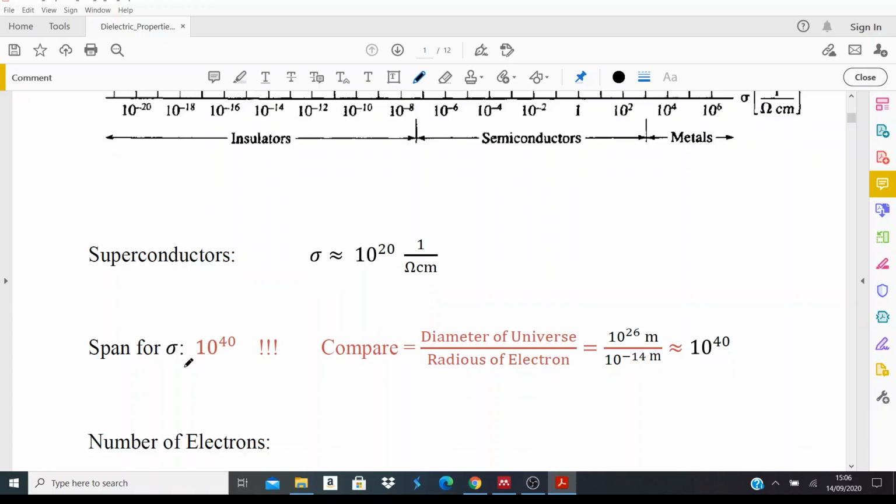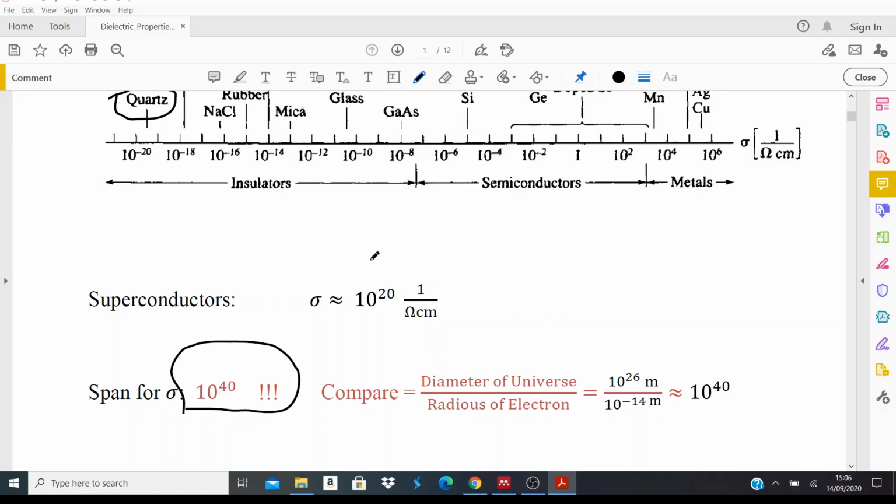So the span is like 10 to the power 40, right? That's an enormous range. The materials show an enormous range of conductivity depending on their structure, and that's why this is a fascinating topic, to understand why certain materials conduct well and certain materials are really poor in conductivity. This is a really fascinating subject in material science, right?